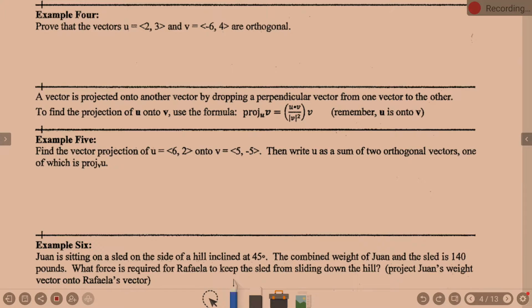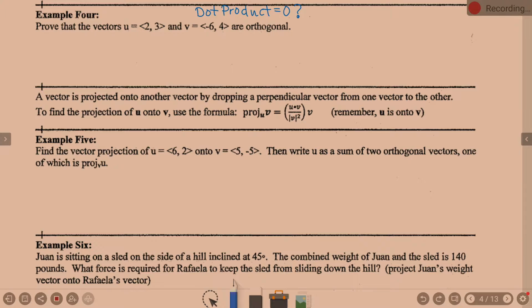Your dot products. If they're orthogonal, their dot product is 0. So we should find the dot product and find out if it is 0.